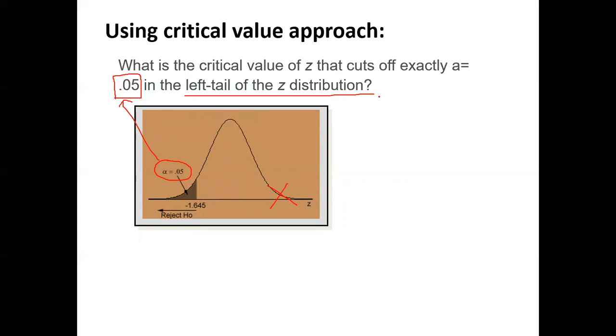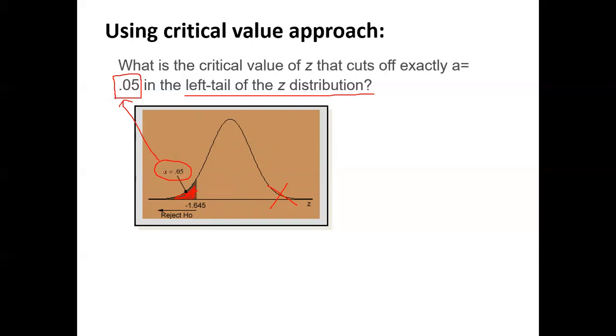And if you refer to the question in the previous slide, it also stated that the proportion is less than 0.2, so it must refer to the left tail. So alpha is 0.05, the area of 0.05. So what is the Z value for which alpha is 0.05?